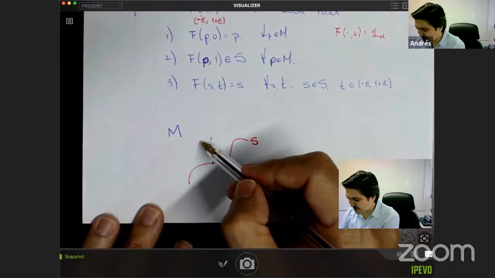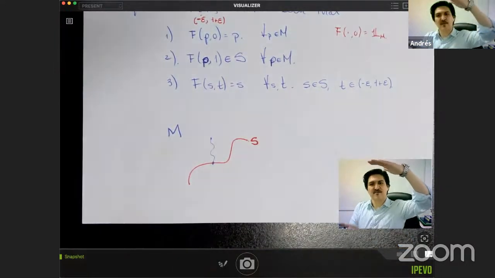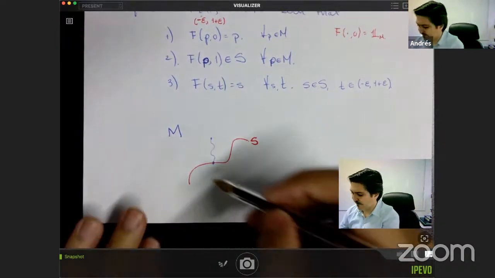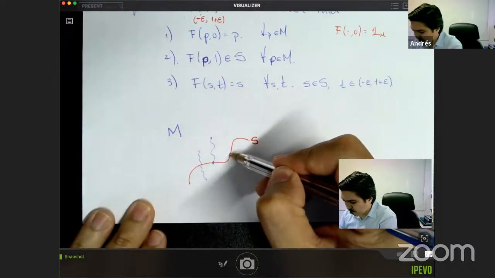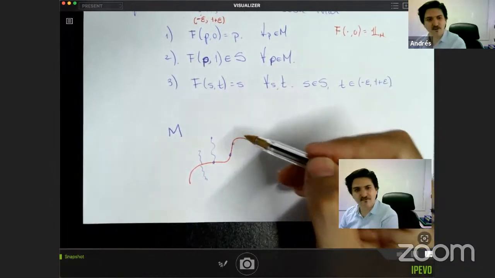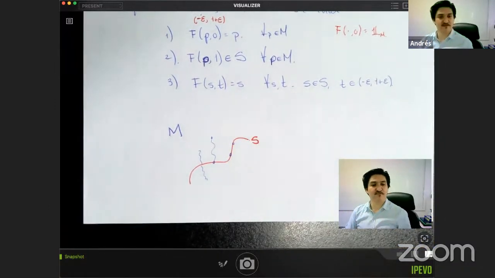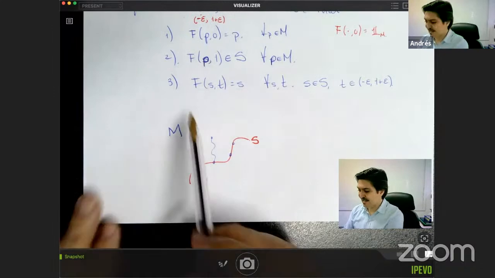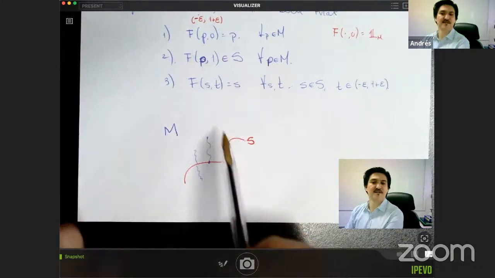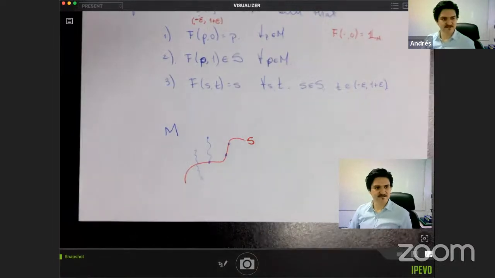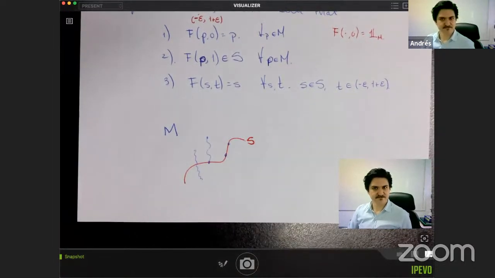It will be a smooth collapsing kind of thing. The points already on the submanifold will never move. That's item 3 here. They never move between 0 and 1.